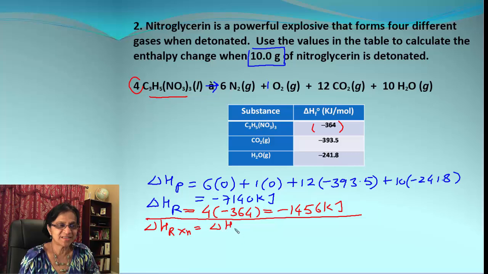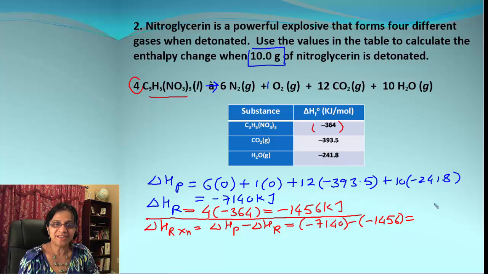Same process, delta H for products minus delta H for reactants. So we take these two values and do the subtraction, and the final value comes out as negative 5684 kilojoules.